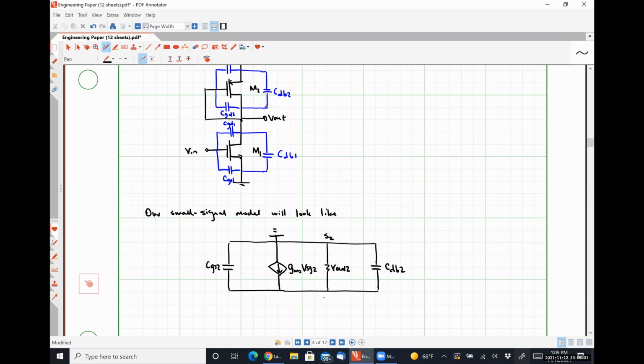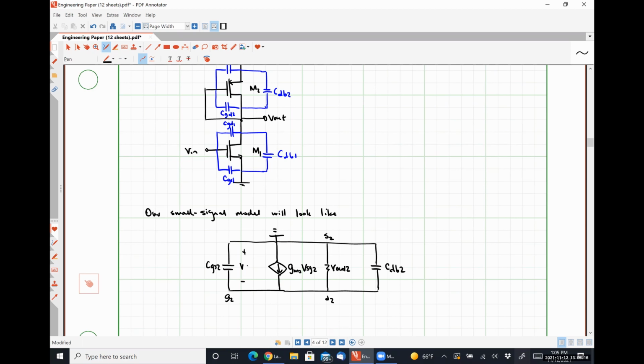Here is the source of transistor 2, the drain of transistor 2, and over here is the gate of transistor 2, and the gate and drain are tied together because this is a diode connected transistor.